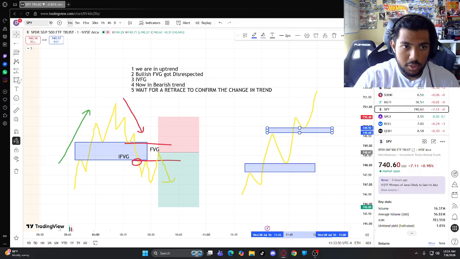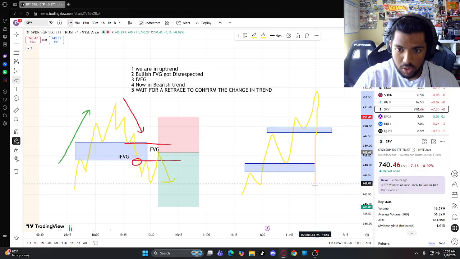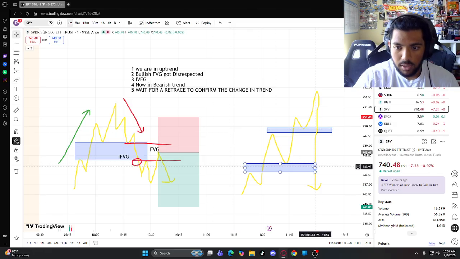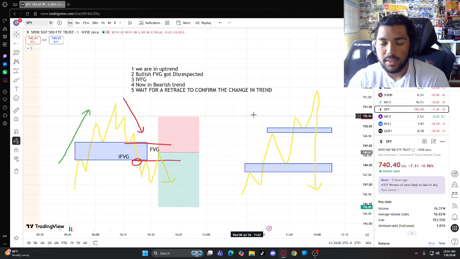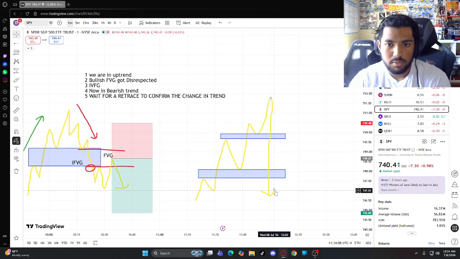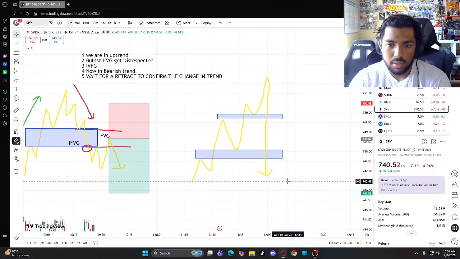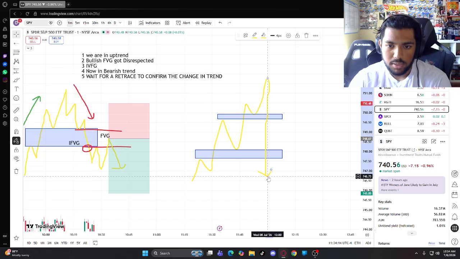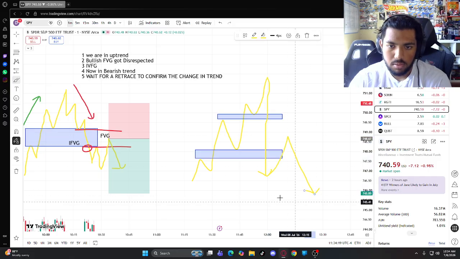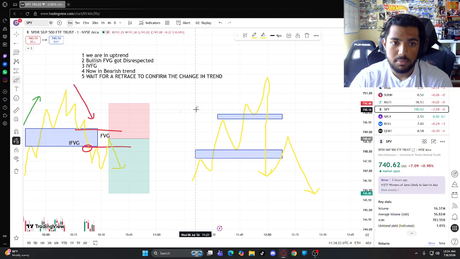They are only disrespected if price shot down through all of them. That's the only way stacked up fair value gaps are disrespected: if price came down to the last supporting one. Because this is a bullish trend, this is our last supporting fair value gap and price shot down through it. So now we would see price do something like this. That's your stacked up fair value gaps.